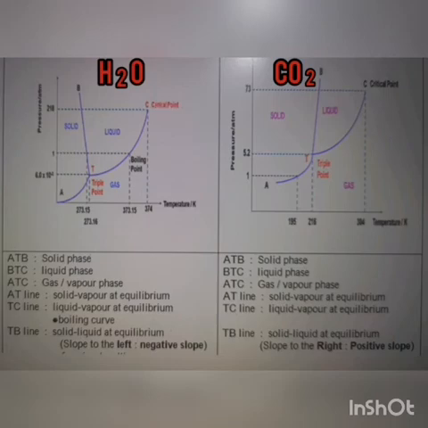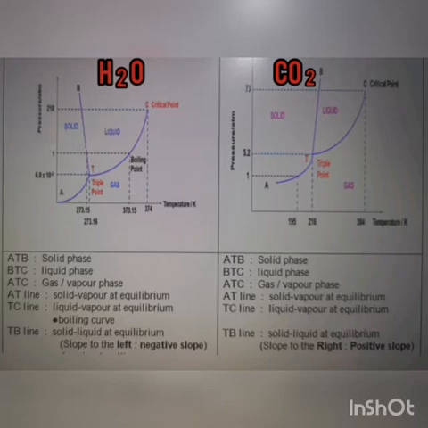And last one, highlight the pressure at 1 atmosphere, which gives the normal boiling point at line TC and the normal freezing point at line TB.